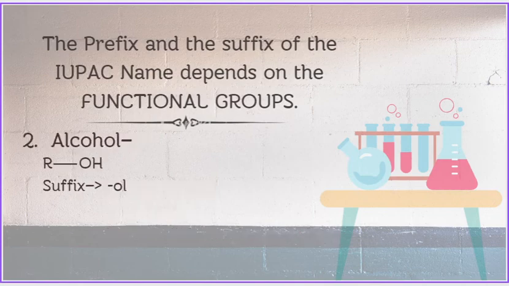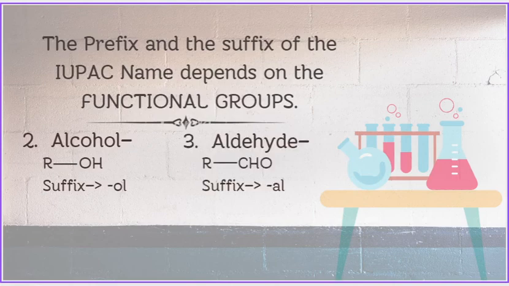The next one we cover is alcohol. It will be represented as R-OH. R here is the alkyl group and OH is the alcohol group. The suffix used for this group will be ol. Third comes the aldehyde group. It will be represented as RCHO, with R for the alkyl group again and CHO for the aldehyde group.